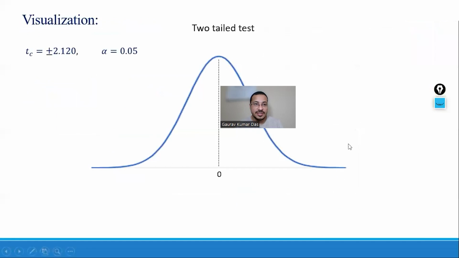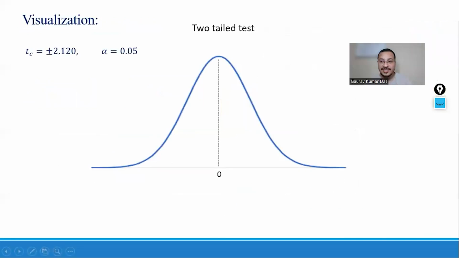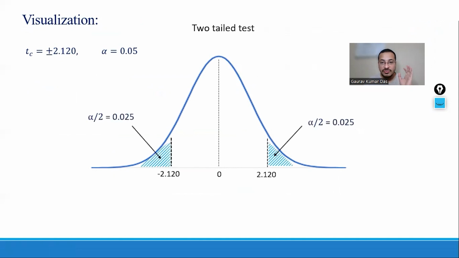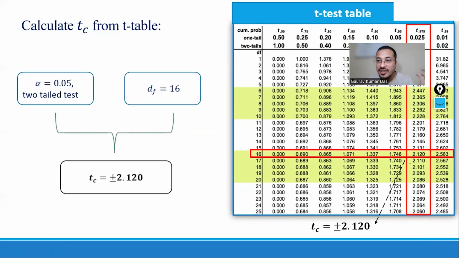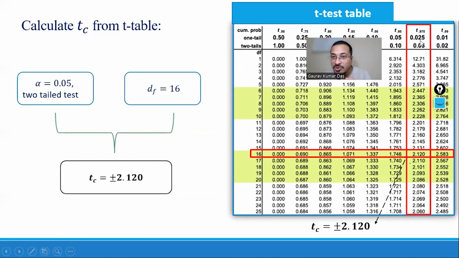All right. So next, let's try to visualize this. It'll be very interesting. What we have in our hands, we have TC plus minus 2.120, alpha is 0.05, right? So if you want to visualize this, this is what is happening. So alpha by 2 will be on each side of the graph because it's a two-tailed test. So 0.025, 0.025. If you go back to the previous slide, we actually have calculated the T critical for 0.025, one tail.